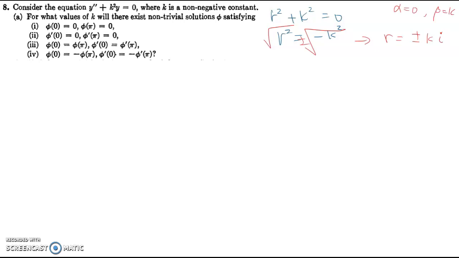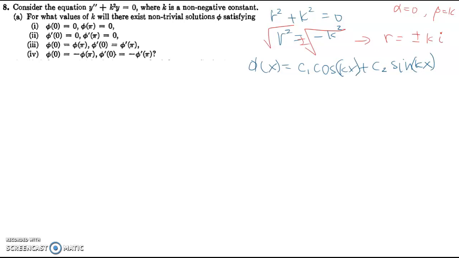So we can write this as phi of x equals e to the power of alpha x. So that's e to the power of 0, which is 1. And it's going to be C1 cosine of kx plus C2 sine of kx. Okay. So this is our general solution.